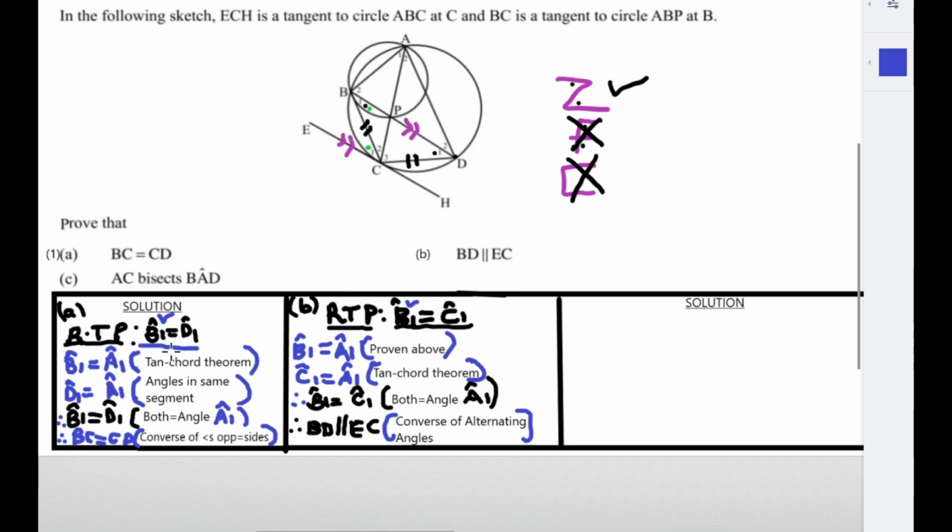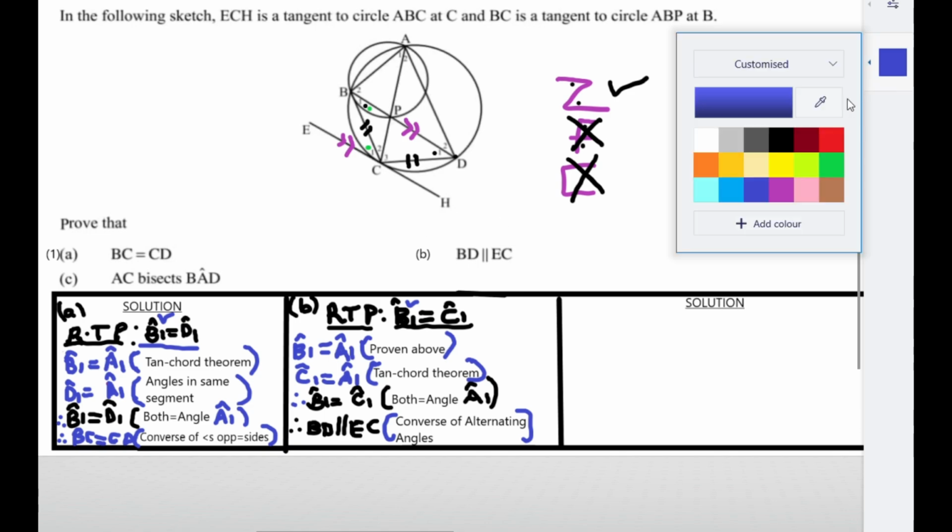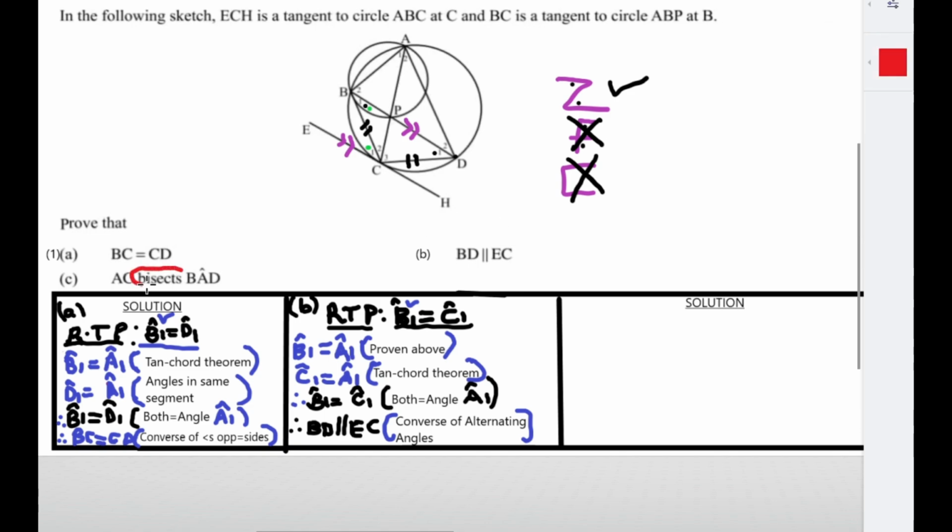Now let's go to the last question, question C. Prove that AC bisects BAD. The most important word there is the word bisect. The word bisect means to cut into two equal parts. Let's make an example of a rectangle, and say this rectangle is a cake.